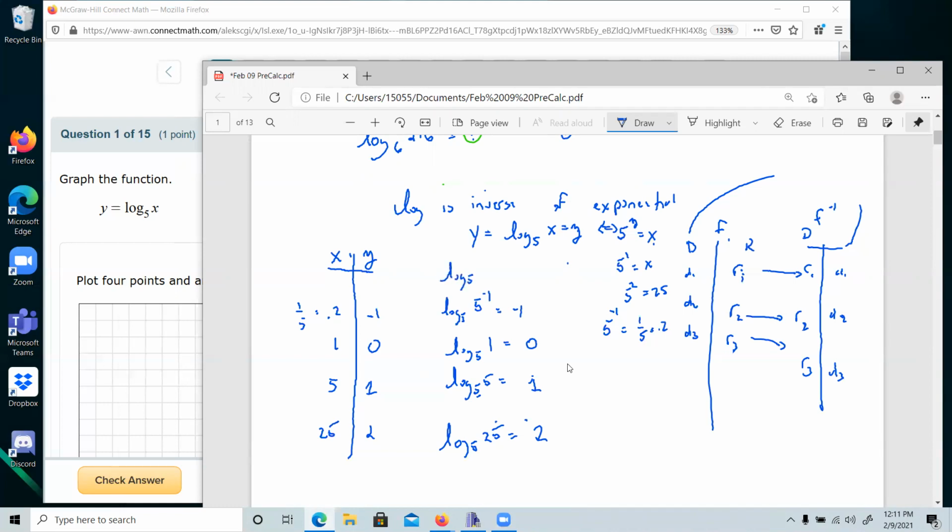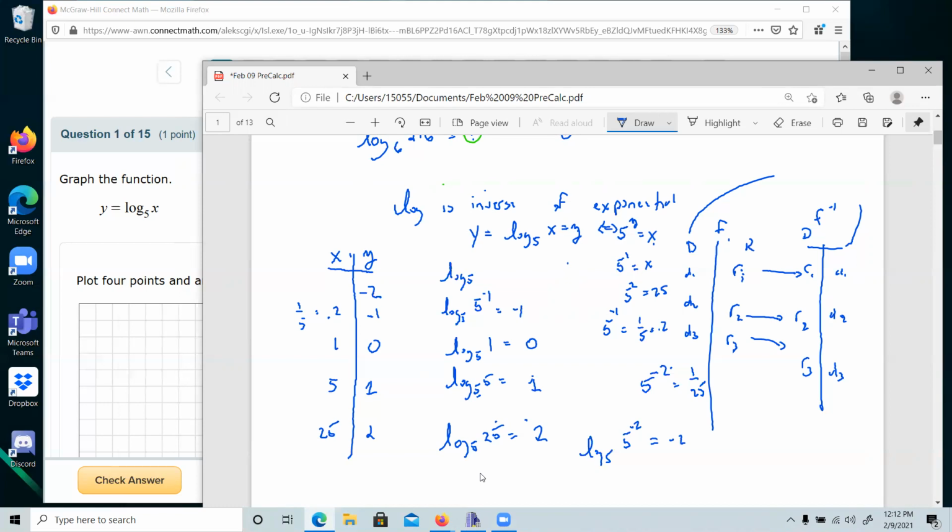Let y equal -2. So we have 5 raised to the -2. What is that? It's 1/25. So log base 5 of 5 to the -2, or 1/25, is equal to -2.